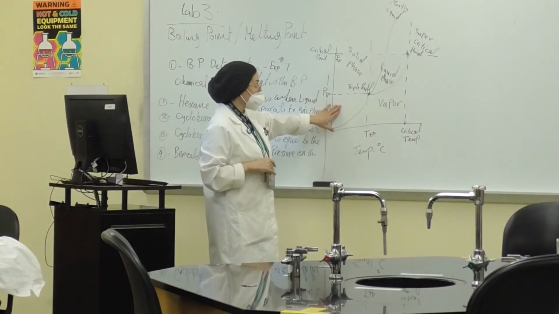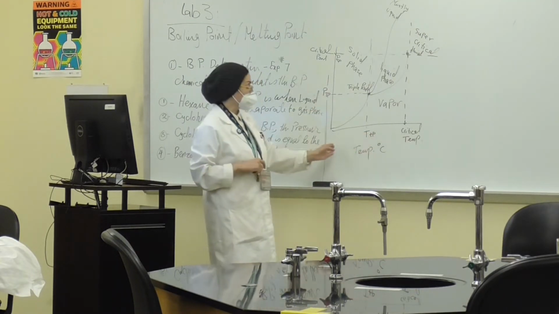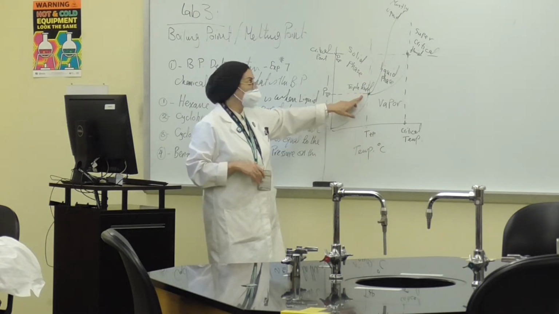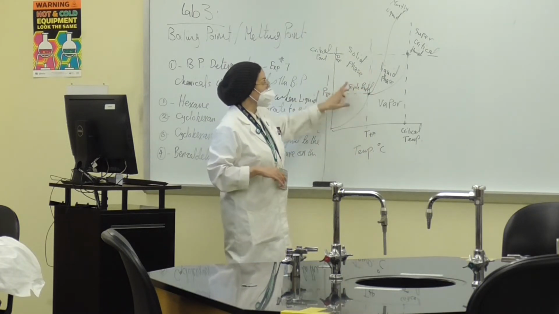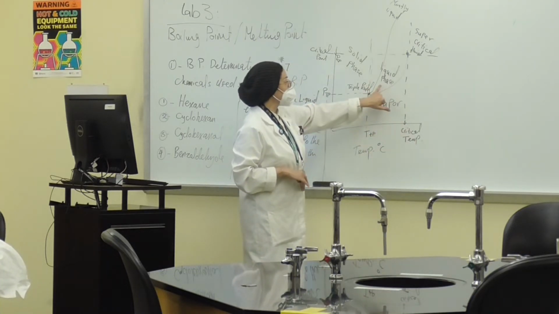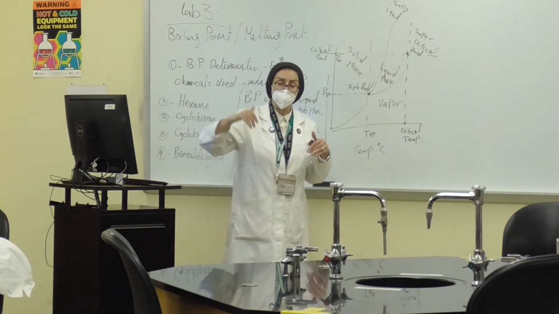But then what we are going to see is that as we are increasing the temperature, we're going to get into the triple point where we have those 3 phases. And after you pass that, increasing the temperature, you're going to get into the vapor. In other words, when we're going to start boiling.